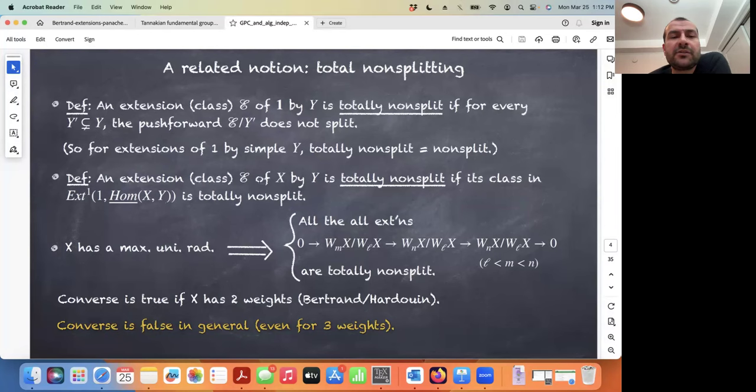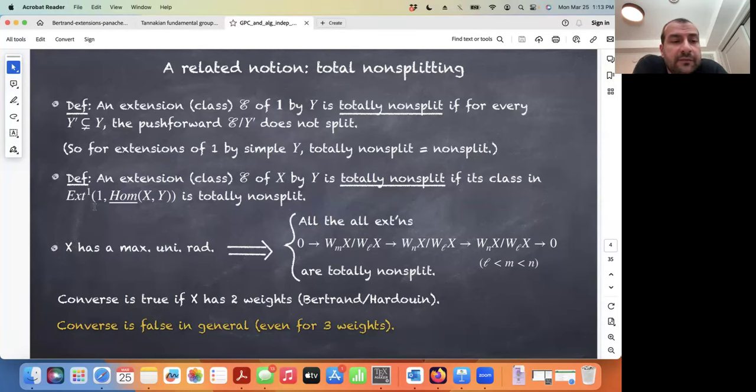And then you would say that your extension E is totally non-split if the element here is totally non-split in the sense that we just described. So it's important that you first think of it as an extension of 1, because otherwise the notion you get will be a weaker notion and won't be as nicely behaved.